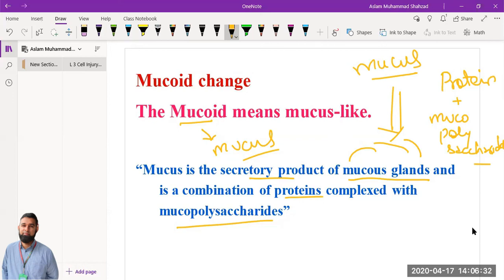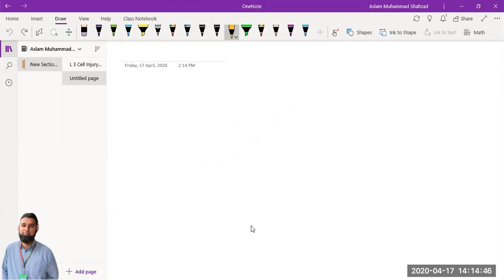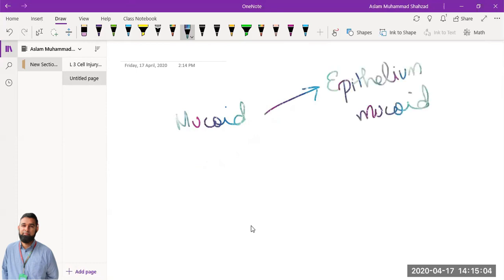Actually, they are lubricants, and they provide protection against shock, and they are present around your connective tissues. Mucoid is classified into two subtypes. Number one, epithelial mucoid, and number two is connective mucoid.